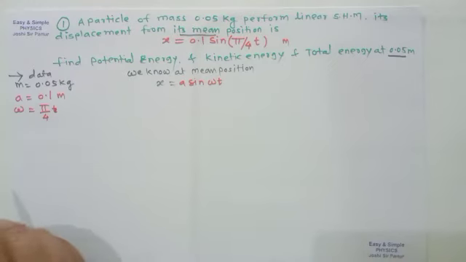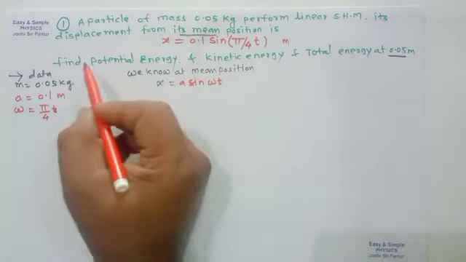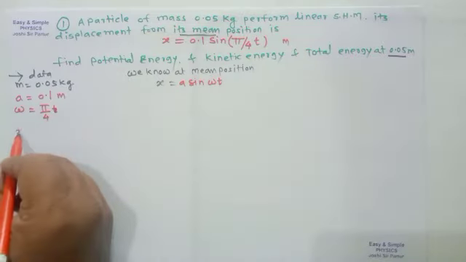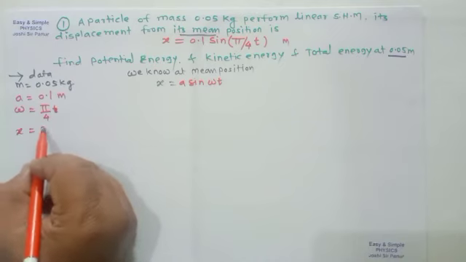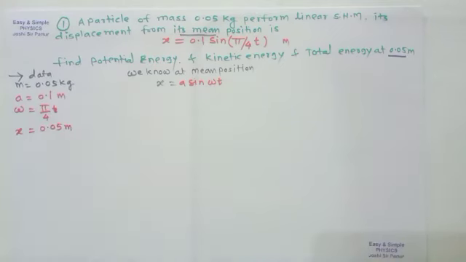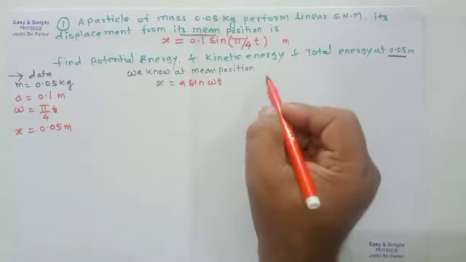And here we have to find potential energy, kinetic energy, total energy at x equal to 0.05 meter. So first we have to find m omega square.